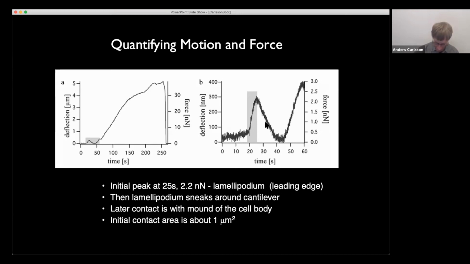The other parts of it that were on either side of the cantilever move ahead, and then it drops down, but then at some point it hits the mound of the cell, and then there's no stopping it. But the bottom line is that the total force is on the order of nanonewtons, which makes sense. We talked about piconewton forces for individual filaments, and now we have nanonewton forces for the whole cell.